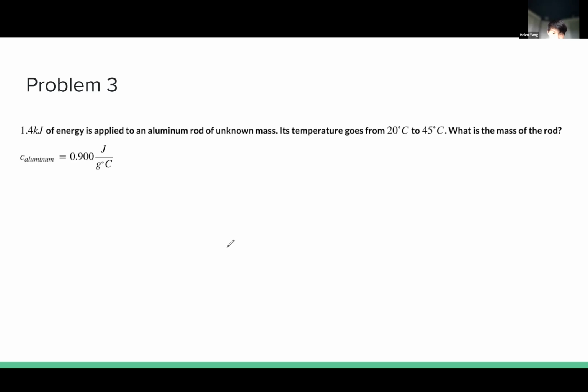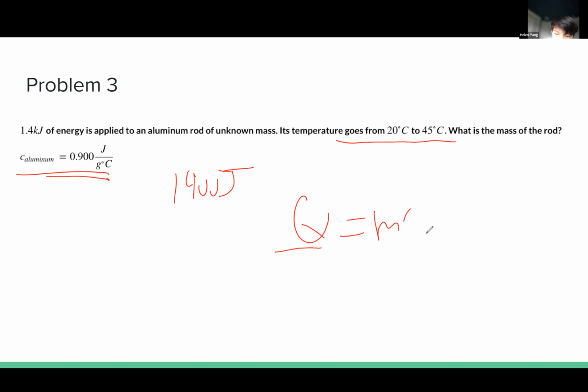It says 1.4 kJ, which is 1,400 joules of energy, is applied to an aluminum rod of unknown mass. Its temperature goes from 20 degrees Celsius to 45 degrees Celsius. What is the mass of the rod? It's giving you the specific heat. Using the equation, the heat is equal to the mass times the specific heat times the change in temperature.